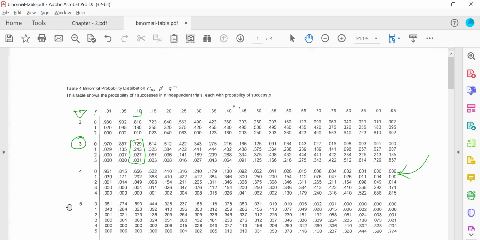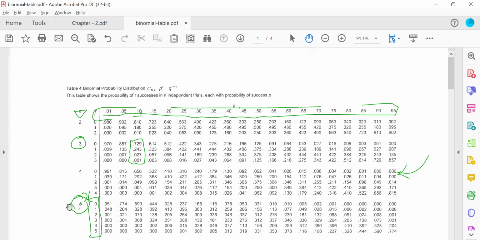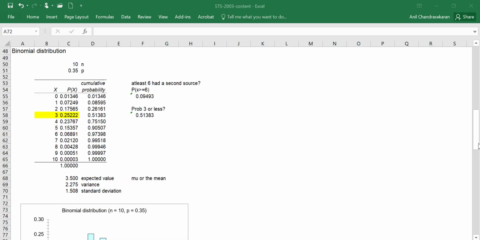Say, for example, in this case, n is 5, and we have different values of the x. This is x, 0, 1, 2, 3, 4, 5, etc. And for different probability values as listed here. So this is also another way of trying to read and get the values of a binomial probability distribution. This is called the binomial distribution table.